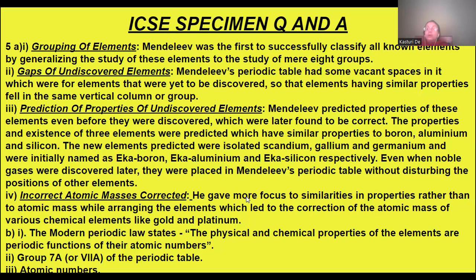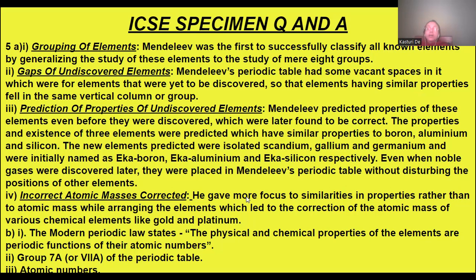As he focused more on similarities in properties, the atomic masses of many chemical elements could be corrected, like gold and platinum.